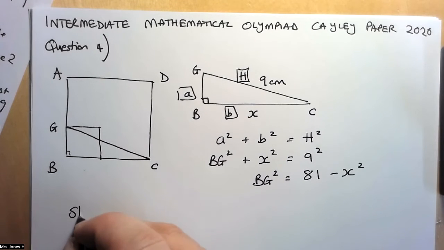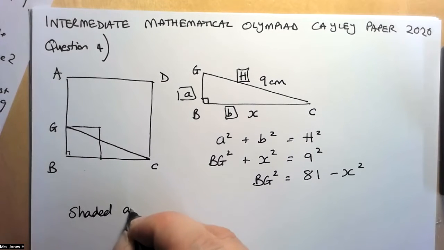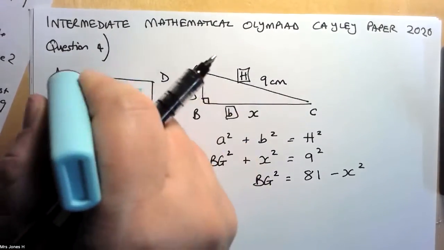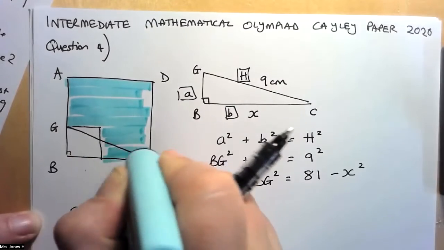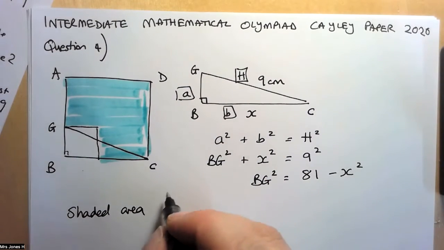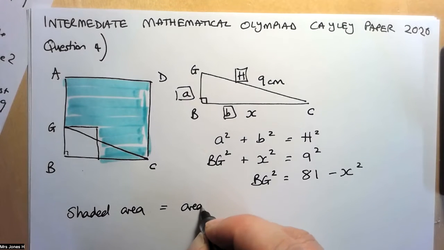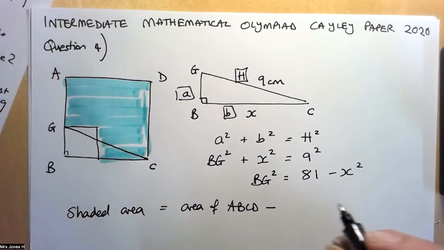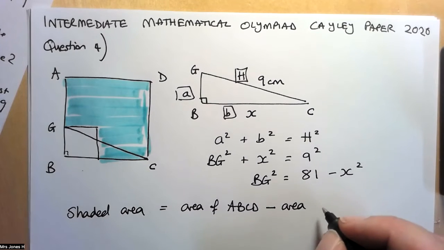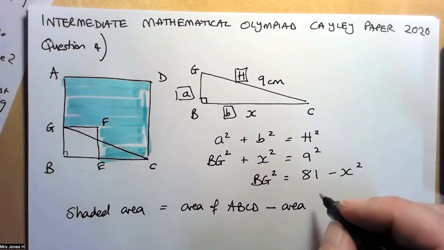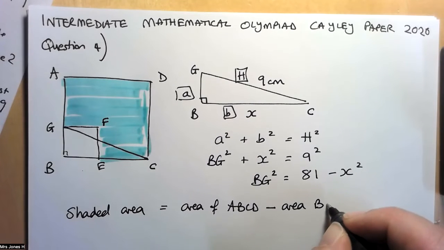So the shaded area, let's just shade that in. Okay, so that's your shaded area. It equals the area of the square ABCD, subtract the area of the little square, area BEFG.